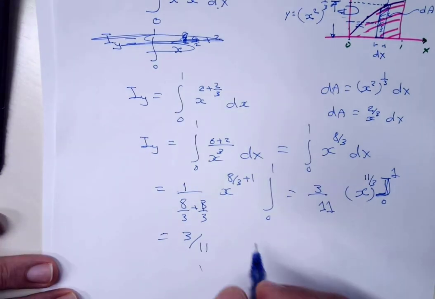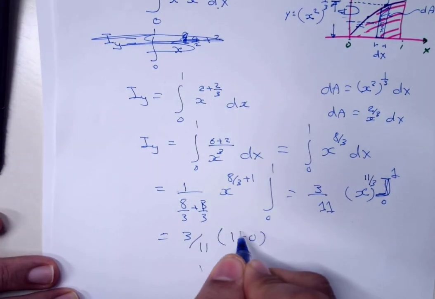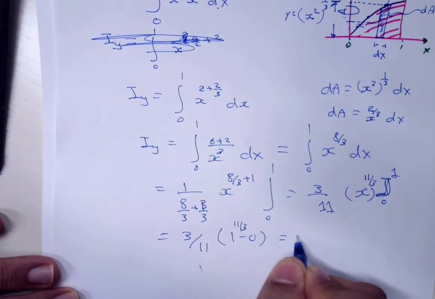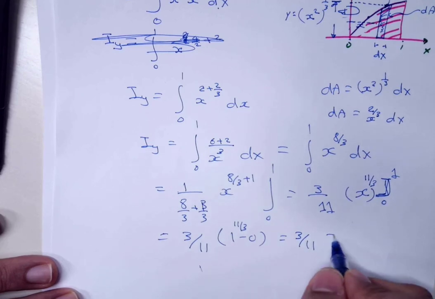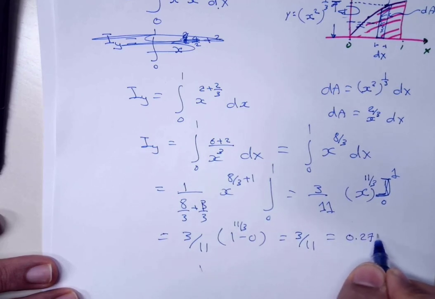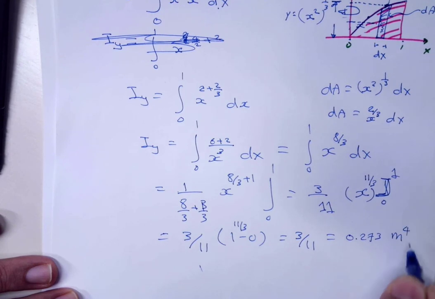This is actually 1 minus 0. So the answer is 3 over 11, which is approximately 0.273 meter to the power 4.